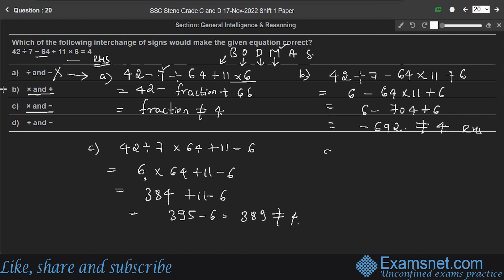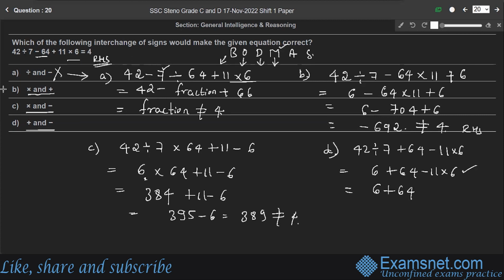Therefore, option D is the right answer. Let us verify it. Just interchange plus and minus signs. So 42 divided by 7 plus 64 minus 11 into 6. According to BODMAS rule, go for division first. 42 by 7 is 6, plus 64 minus 11 into 6. After division, multiplication comes.